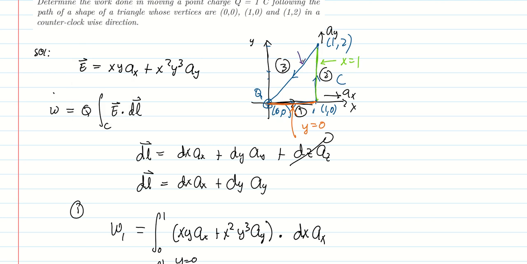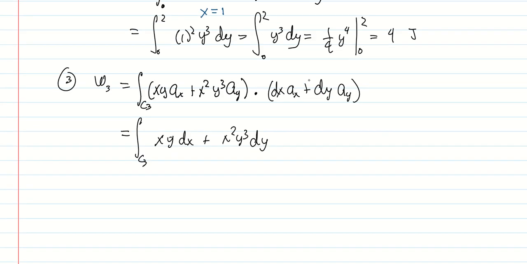So what will be this equation? It's a straight line, and we can use the two-point form of a straight line. Given two points, we have 0, 0, and 1, 2. So what's the equation of the line connecting these two points? We can let this one be x1, y1, and this one x2, y2.